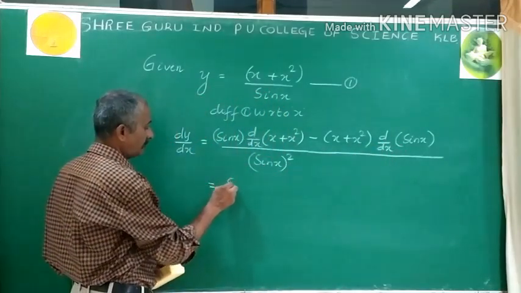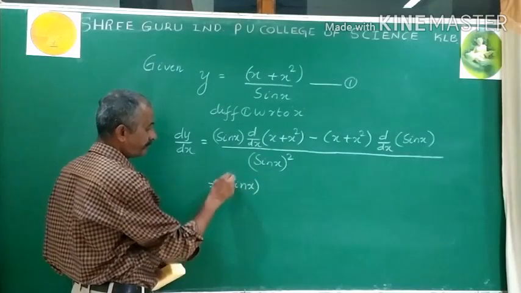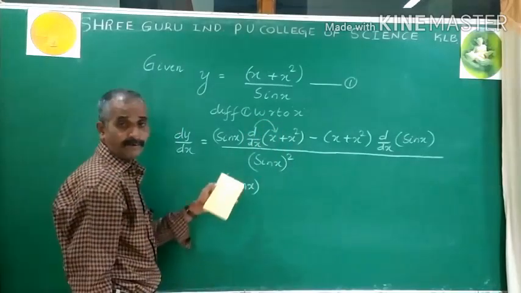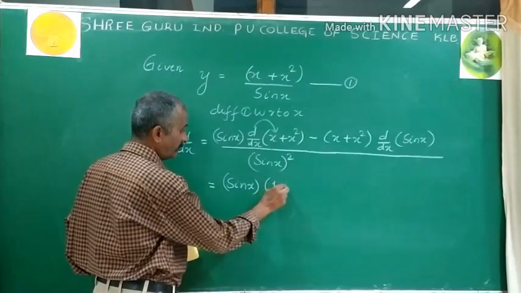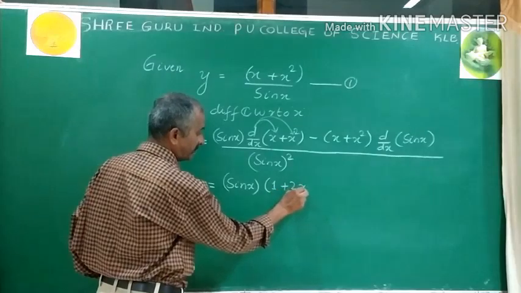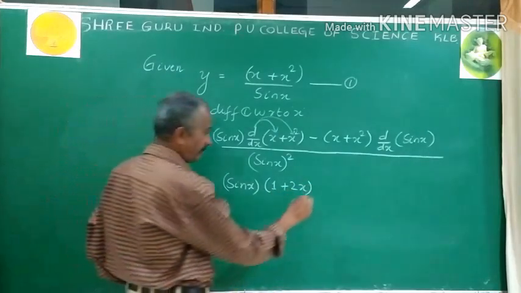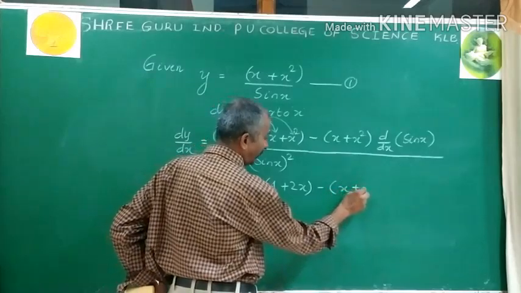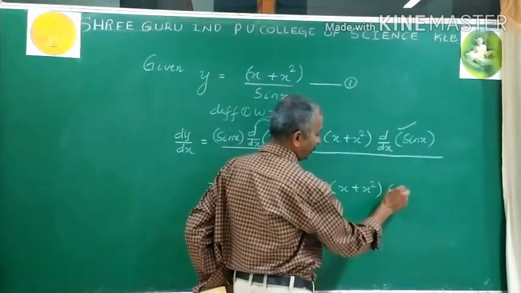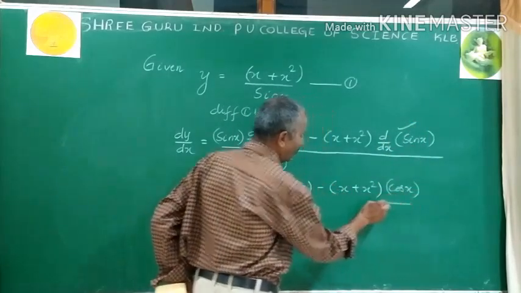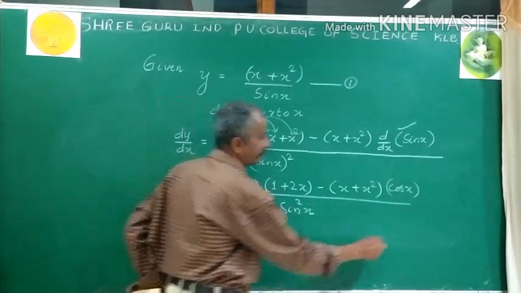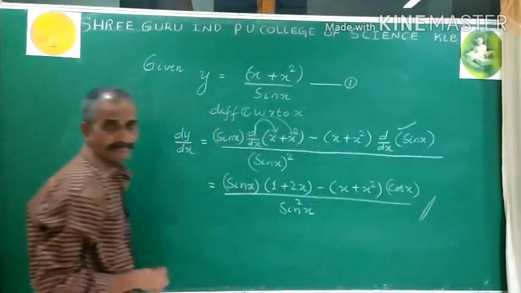So that is equal to sin x into, here applying the sum rule, first we write differentiation of x, that is 1, plus differentiation of x square, which is 2x, minus x plus x square multiplied by derivative of sin x, which is cos x, all divided by sin x whole square, which can be written as sin square of x. That's the final answer.